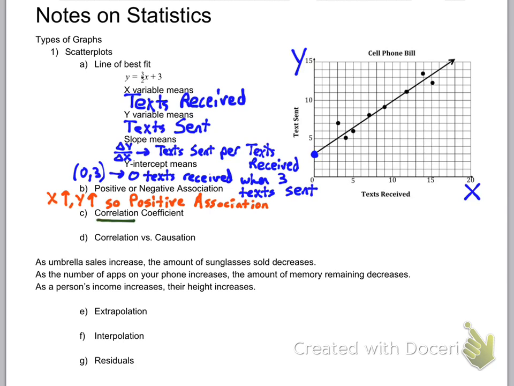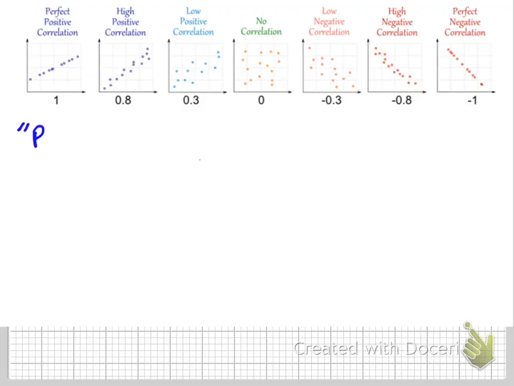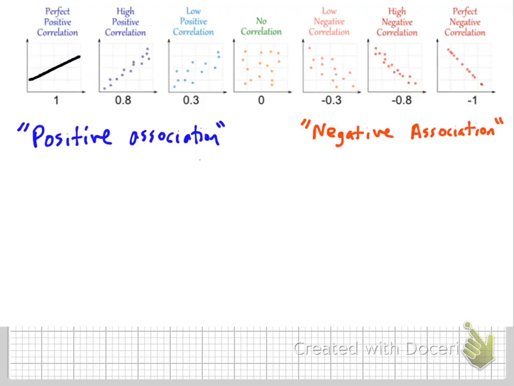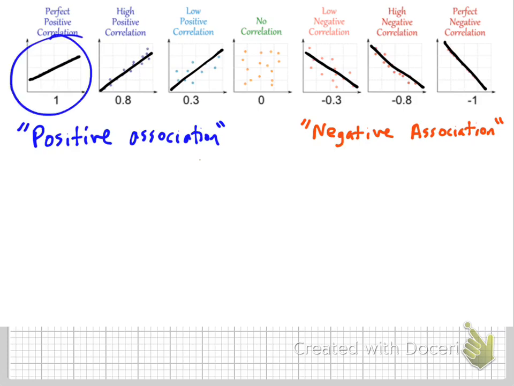The correlation coefficient is what I would really want to show you here. How close the data is to the line that we draw is the correlation coefficient. So if it's exactly on the line, it's either going to be +1 or -1, depending on whether it's a positive or negative association.